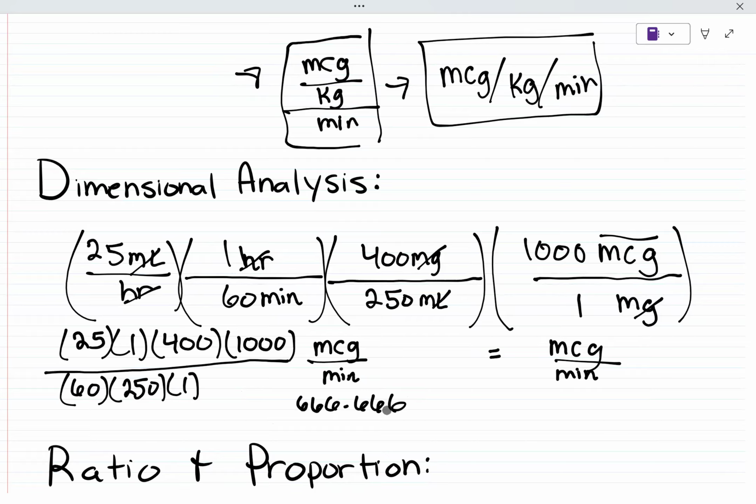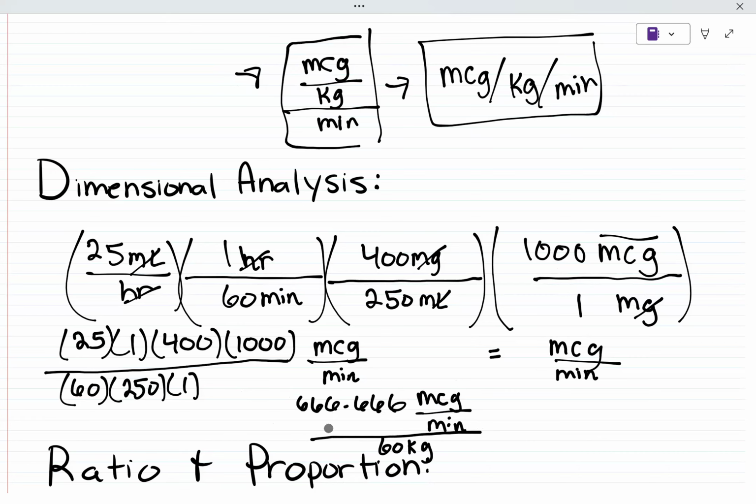Just leave it as 666.666 mcg per minute, right? We just proved that when you do the algebra, you're left with mcg per minute, and then we got to divide this by the patient weight. So you're going to divide this by the patient's weight, which is 60 kilograms.